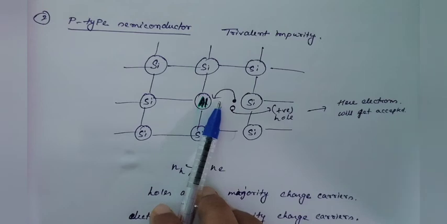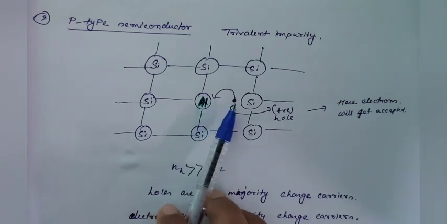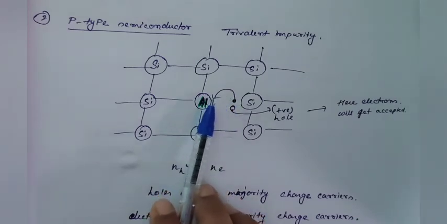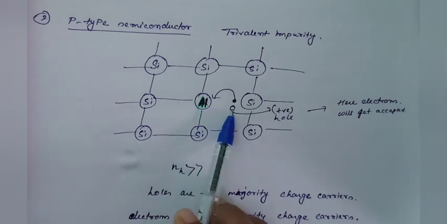An electron from the neighboring silicon covalent bond can slide into the vacant position, creating a hole in the bond. Now this hole is available for conduction.